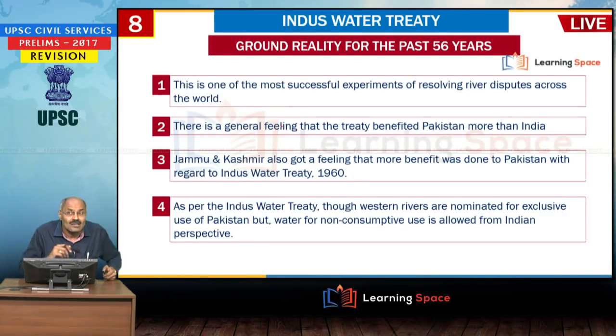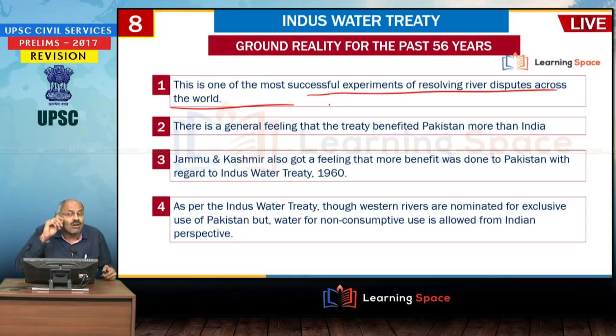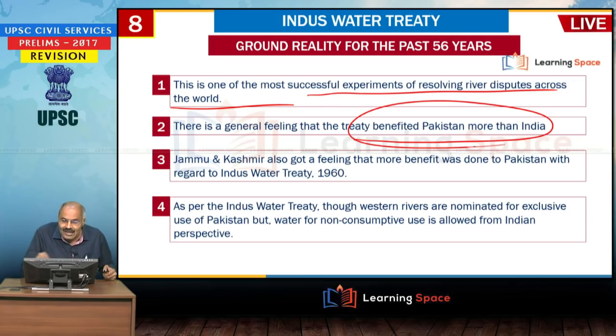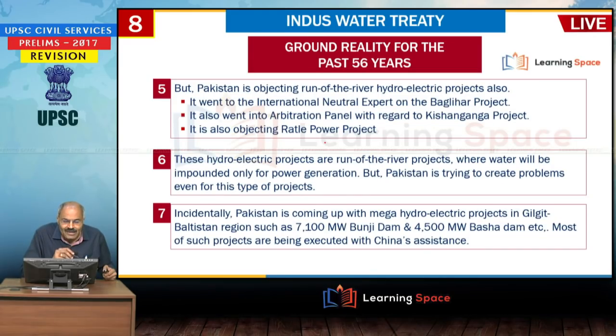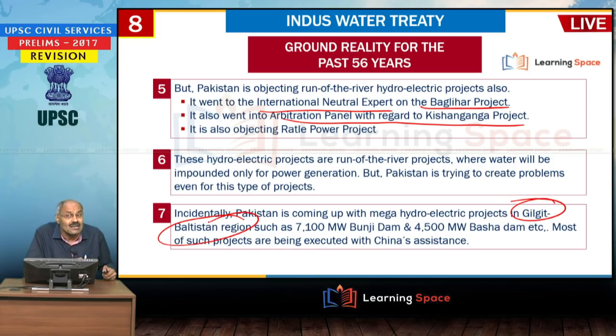So, here this is one of the most successful experiments of resolving river disputes in the world, and there is a general feeling that the treaty benefited Pakistan. And another important aspect is this: Pakistan went to the international neutral expert on Baglihar project, and it also went to an arbitration panel with regard to Kishan Ganga project, but it is constructing mega hydroelectric projects in the Gilgit-Baltistan region such as the Bunji Dam as well as Basha Dam.